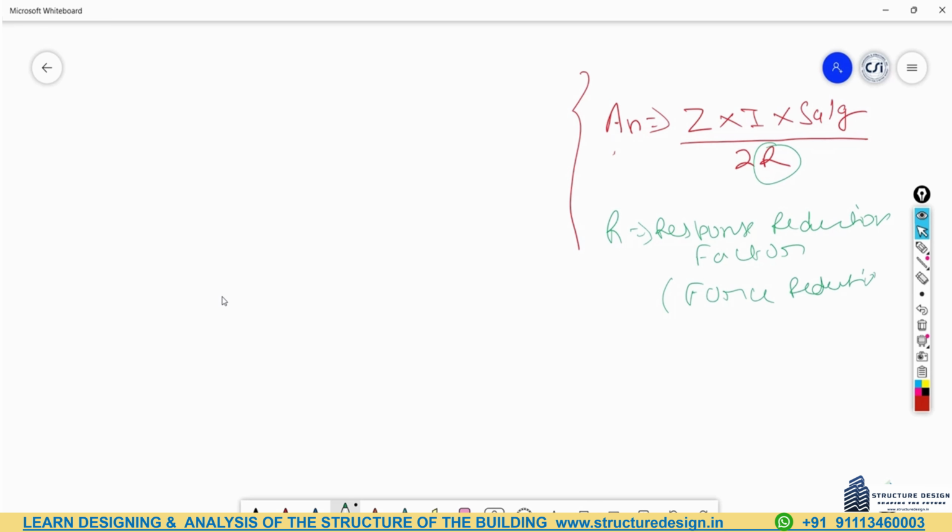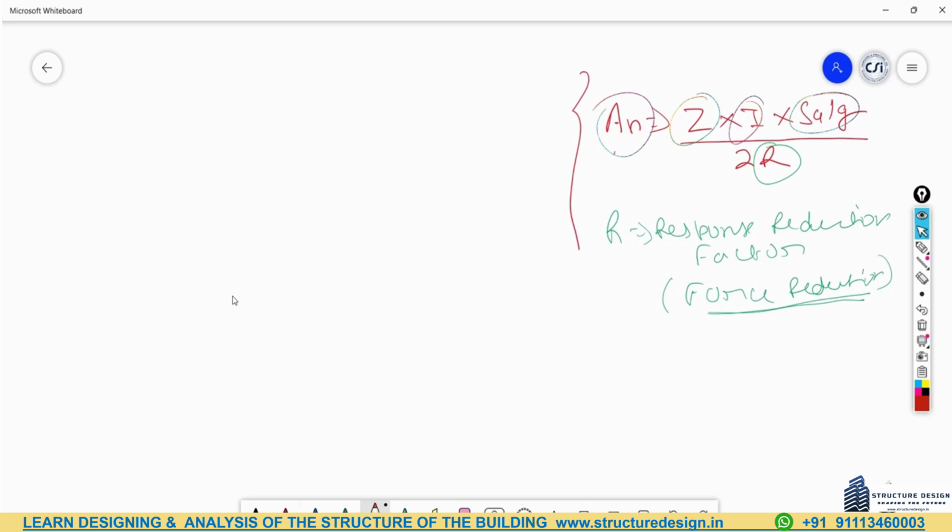So you may call it response reduction factor, or response reduction, or force reduction. In this AH value, we have already seen Z and I, and we are still left with SA by G, and we have seen some part of R there. Now we are going to understand that R very clearly.